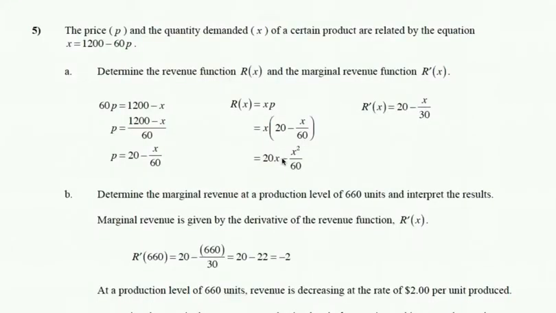Okay, question 5 asks us to derive a revenue function and its marginal revenue function, and then analyze that marginal revenue and interpret those results. So we're given a price-demand equation, x equals 1200 minus 60p, and what we want to do is put p in terms of x.